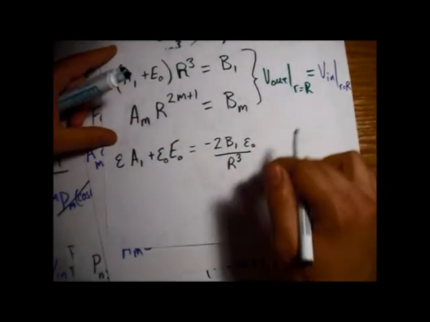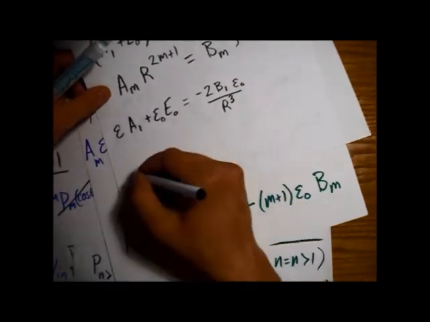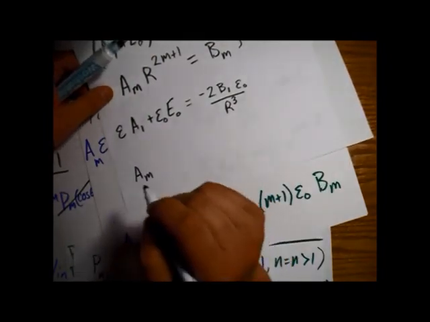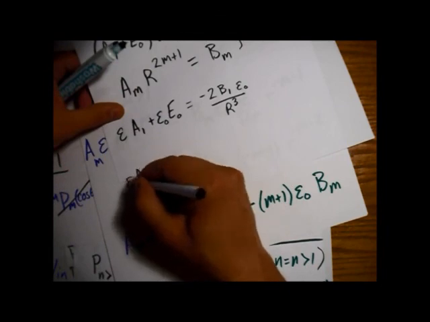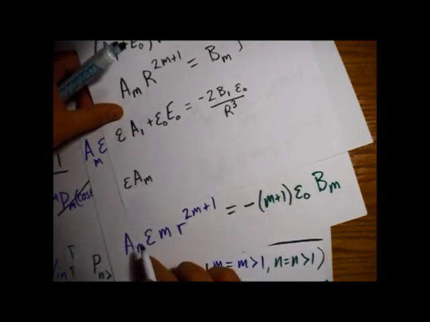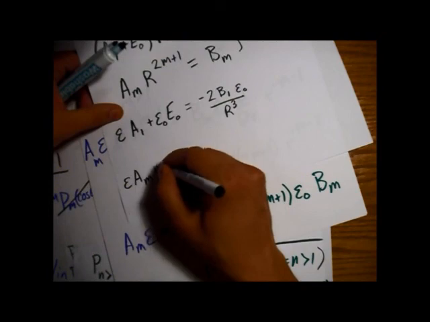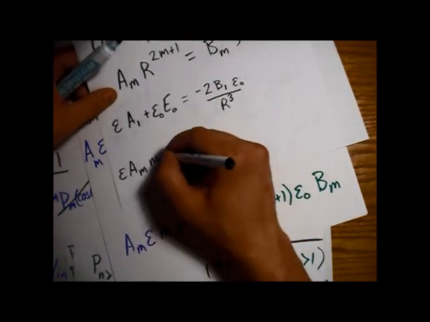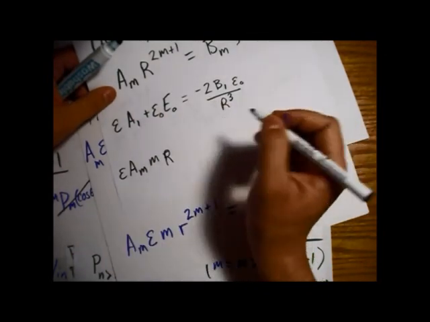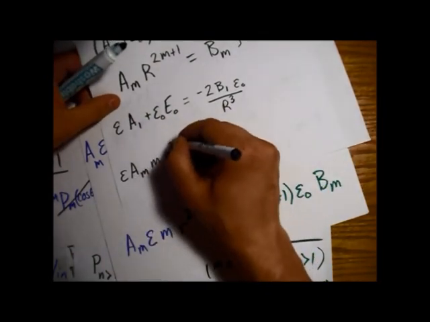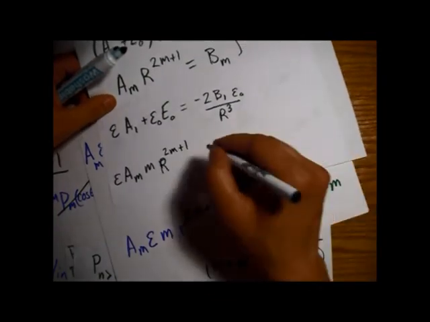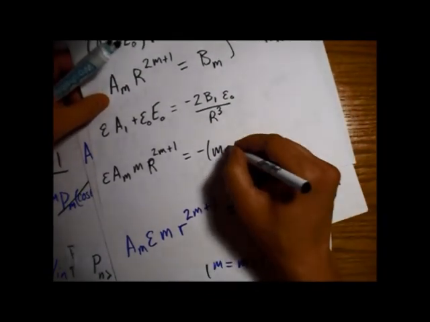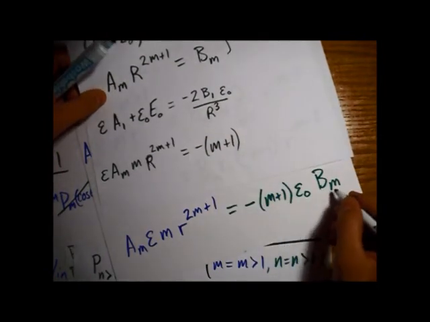But so our other equation here is a to the m. All right, bring this epsilon out so it matches this a little bit. Then we multiply by m, r, and again, this is evaluated at little r equals big R, so I'm going to put the big R in there. R to the 2m plus 1 equals minus m plus 1 epsilon naught b_m.